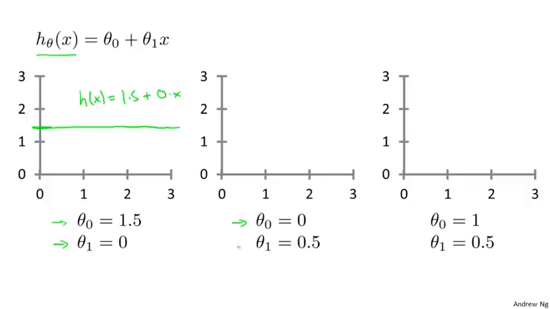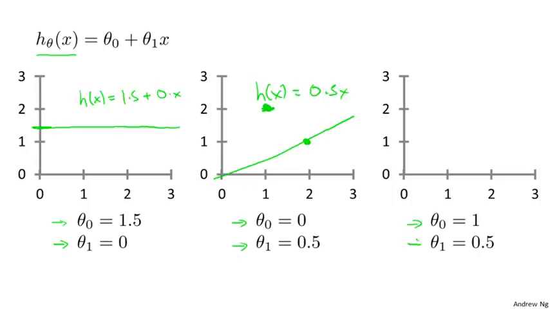If theta 0 equals 0 and theta 1 equals 0.5, then the hypothesis will look like this. It should pass through this point (2, 1), since you now have h of x, or really h subscript theta of x, but sometimes I'll just omit theta for brevity. So h of x would be equal to just 0.5 times x, which looks like that.